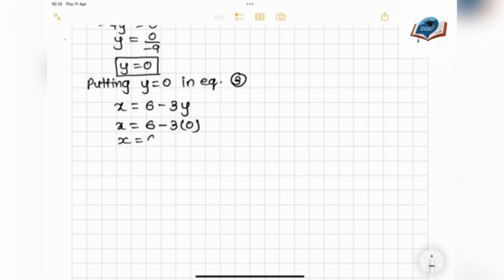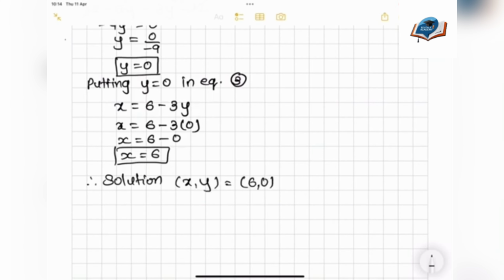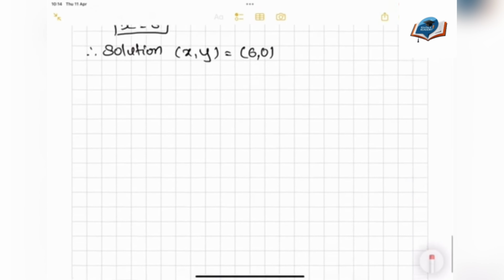It was the equation, so x equal to 6 minus 3 into 0. So I will have x equal to 6 minus 0. So x equal to 6 is the solution. So here my solution is x comma y equal to 6 comma 0.